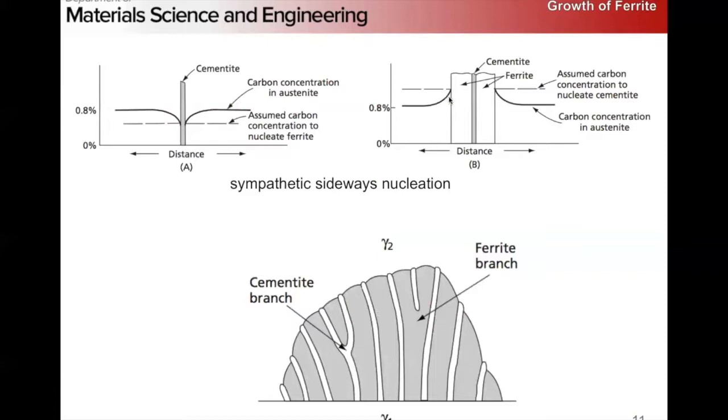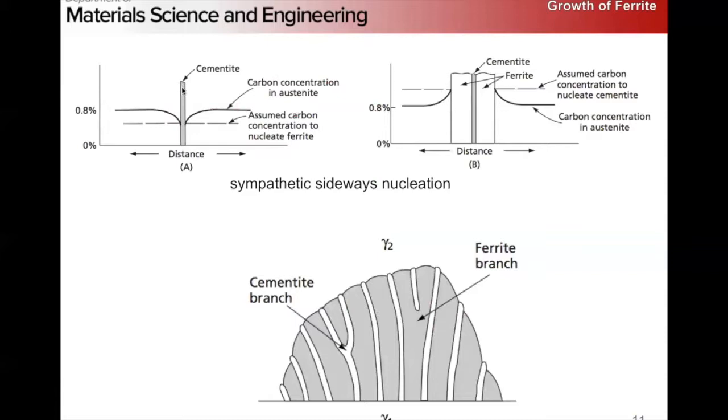And basically, this carbon concentration will get larger and larger until, if this is growing faster than the carbon can diffuse away, eventually we'll build up a concentration high enough to nucleate a layer of cementite.